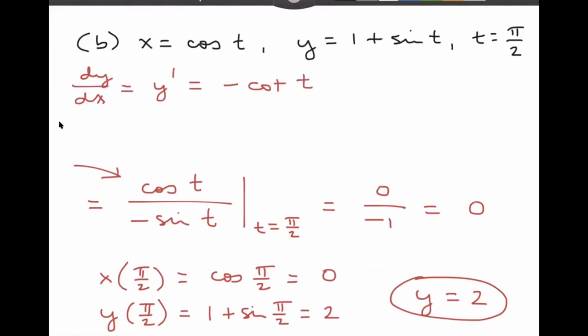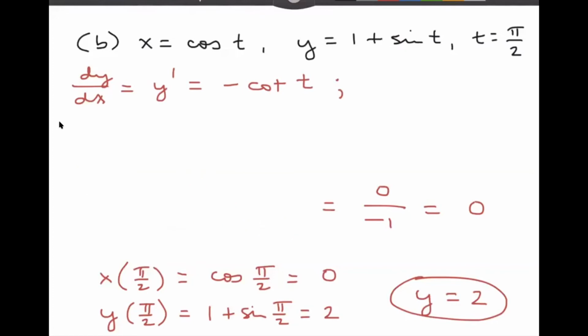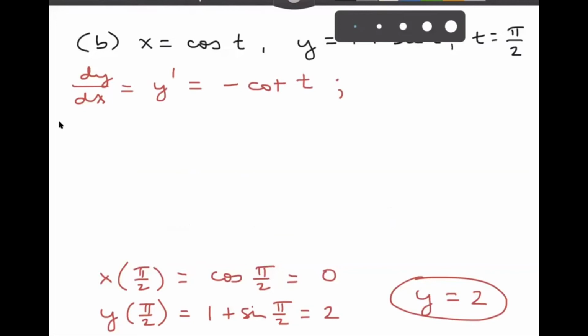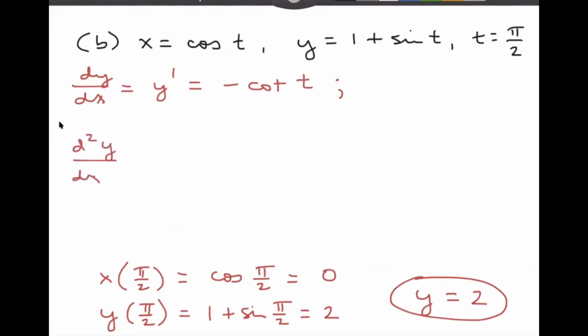Let me just jot down the, oh, never mind. I was going to jot down dx dt, but that's easy enough to just get again. Okay, second derivative of y with respect to x is the derivative of y prime with respect to t divided by dx dt.